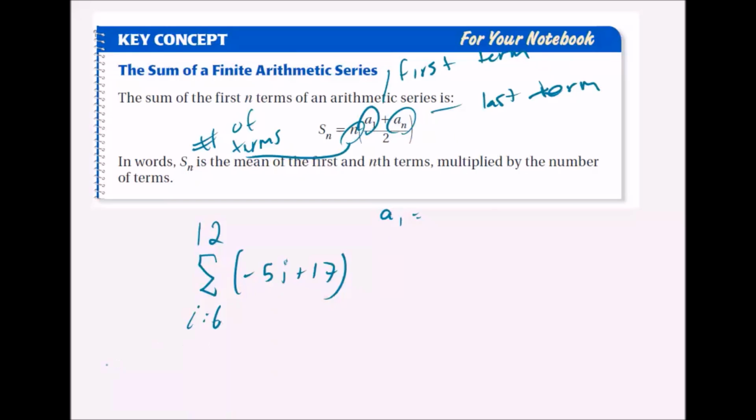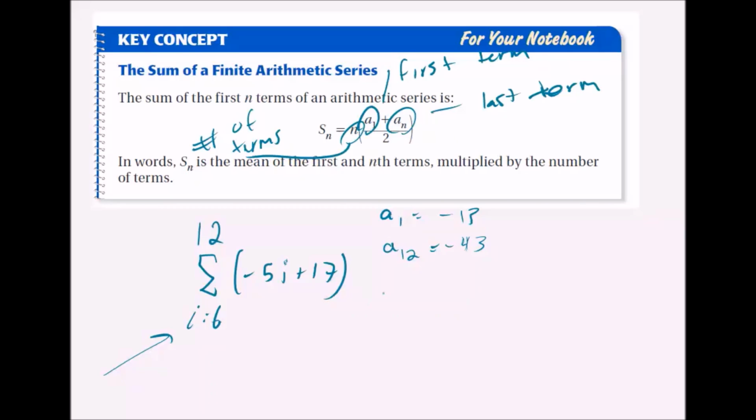In this case, it's the first term, so it's whatever it equals when i equals 6. So negative 5 times 6 is negative 30, plus 17, we have negative 13 for a1. We need an, so in this case, an is a12, the last term. And that is what happens when it equals 12. So negative 5 times 12, negative 60 plus 17, negative 43.